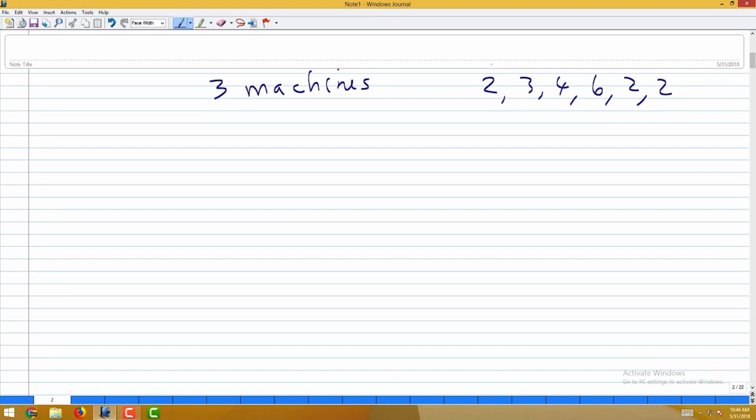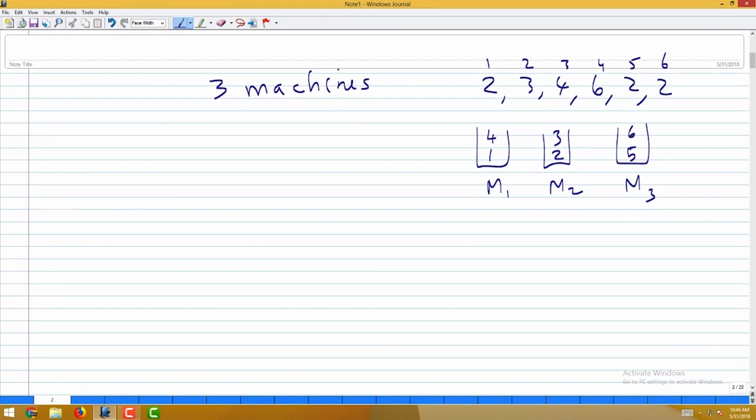So, let us call this 1, 2, 3, 4, 5, 6, and I want to assign these 6 jobs to 3 machines. So, let us think of some assignment. This is machine 1, machine 2 and machine 3. I may assign jobs 1 and 4 here, maybe 2 and 3 here, and maybe 5 and 6 here.